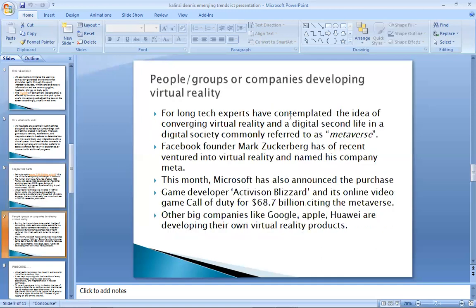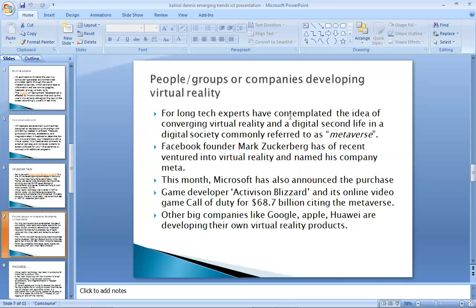So the other thing that I'm going to talk about is all the companies that are developing virtual reality technologies. Now, for long, experts have thought about converging virtual reality and a digital second life in a digital society that they used to refer to as the metaverse.